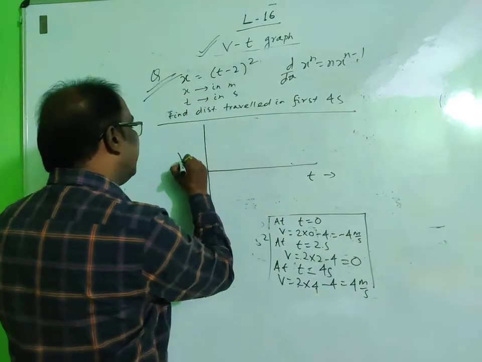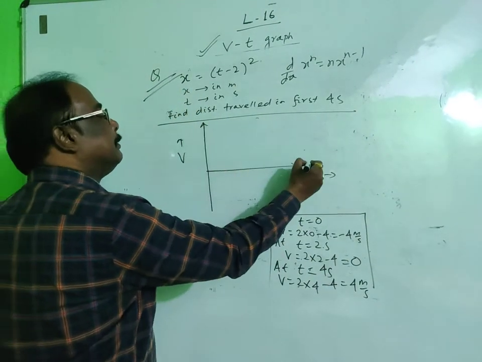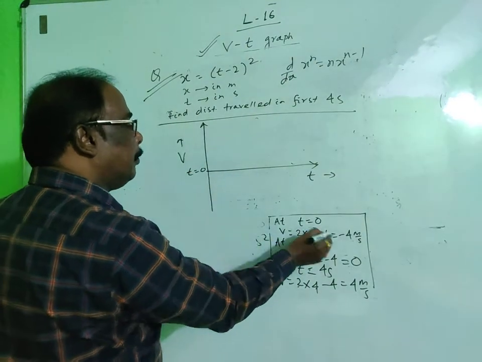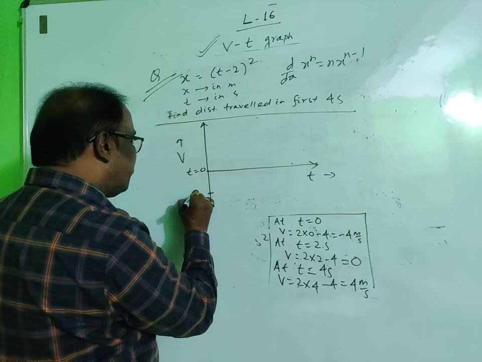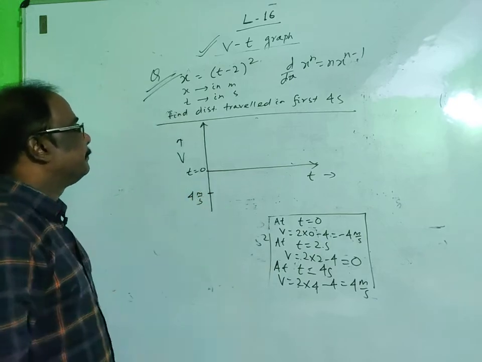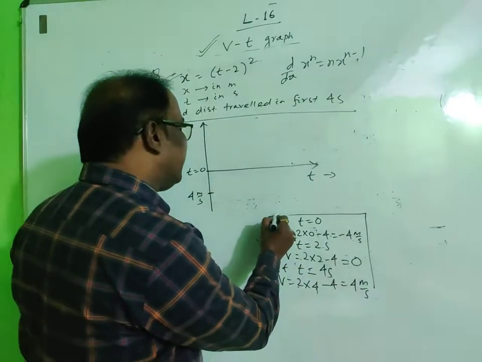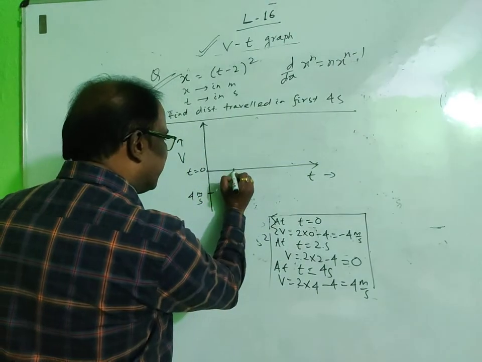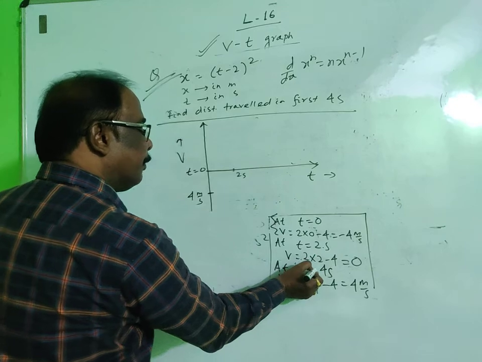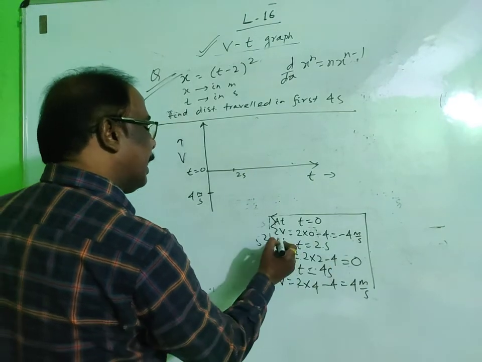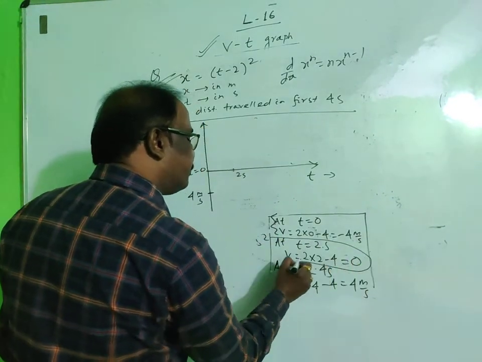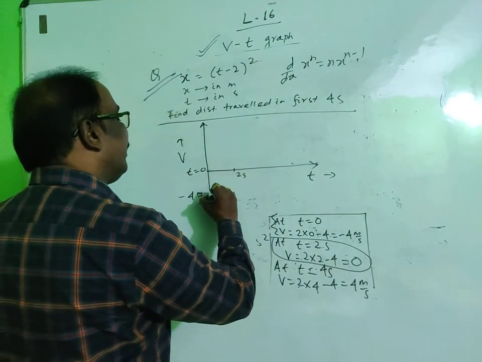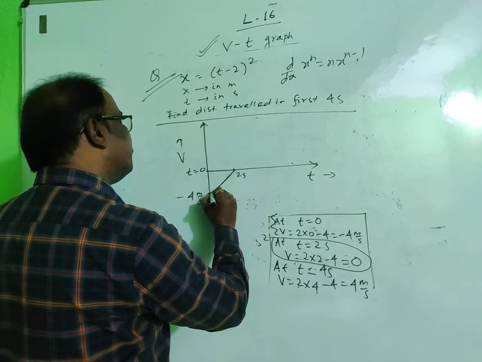Variation of time, variation of velocity. When t is 0, velocity is minus 4 meter per second. When time is 2 seconds, velocity is 0. Means this is minus 4. In 2 seconds, velocity becomes 0.